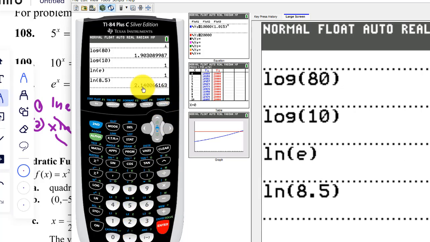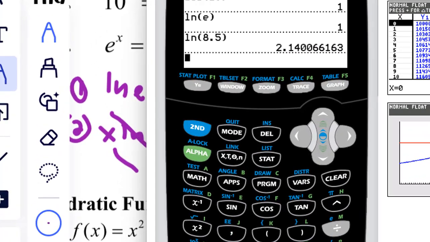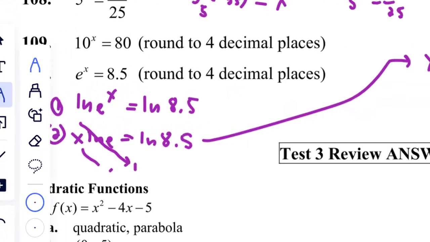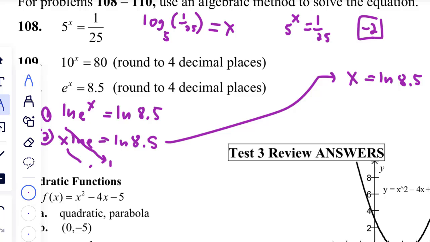I get 2.1401 as my final answer. So I write x equals 2.1401. All right, that's it for the test 3 review packet.